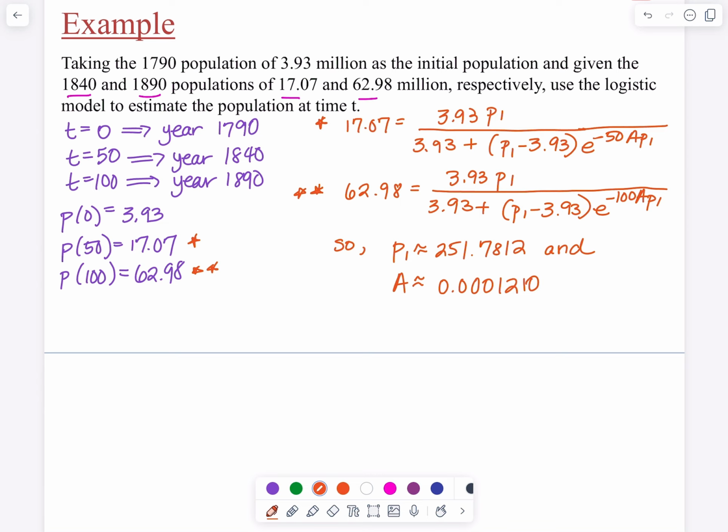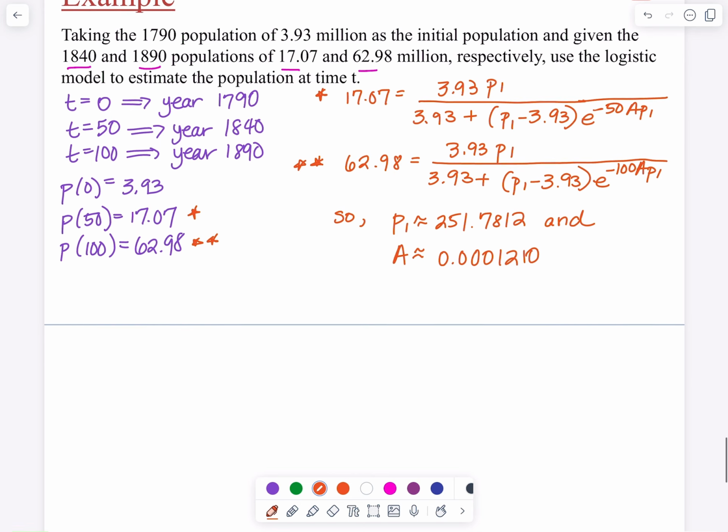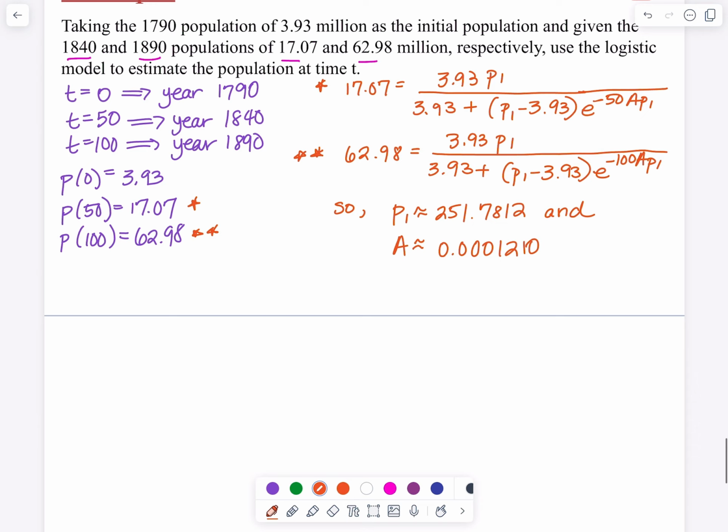So basically, we have two equations and two unknowns, and we were able to find that. So now we can go ahead and show the logistic model is P of t is equal to 989.5.